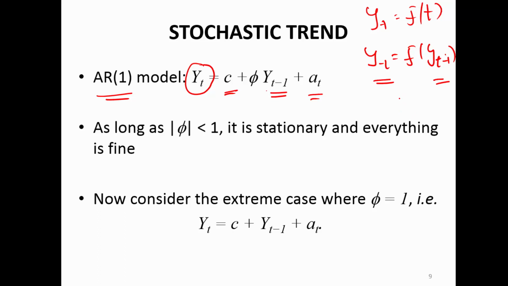Now the previous value of the same time series is not something that is known to us, unlike in the first case, the deterministic case, where we know for sure what the value of t is going to be, because from time 1 to time 2 to time n, it is very well known to us. Whereas in the case of stochastic trend, it is not well known to us, because the previous price is stochastic or probabilistic in nature. Depending on what the previous value of the time series was, it will determine the future value of the time series.